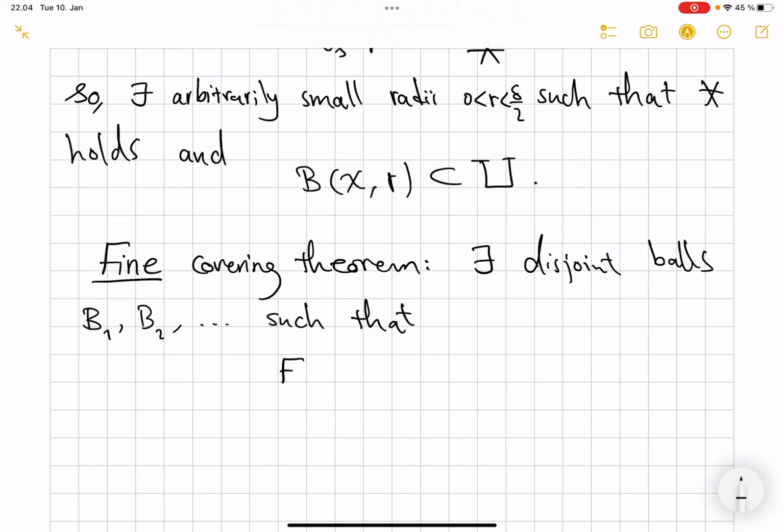So there were many balls covering F, but now we have chosen a disjoint union of them. I mean, only a countable collection of them that are mutually disjoint. There could be only finitely many. This would be empty in the 5R covering lemma, but this time it's not empty.